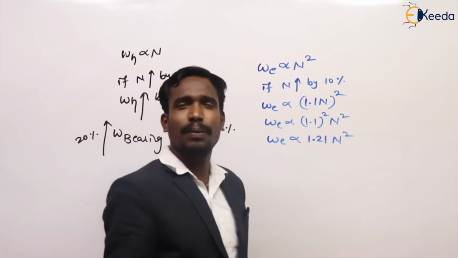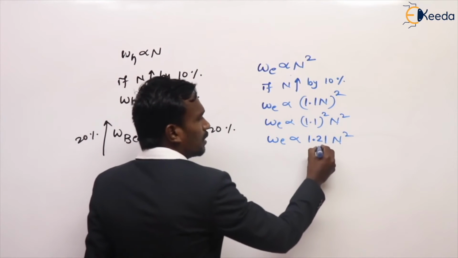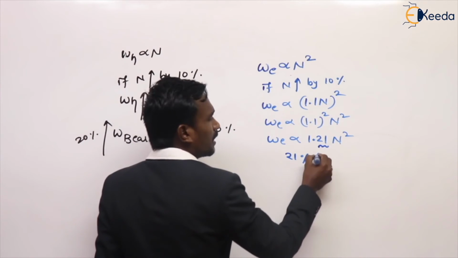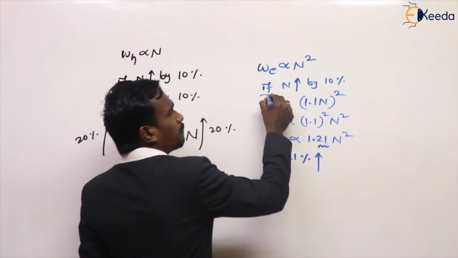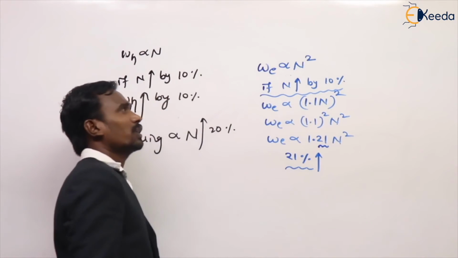That is 21% increase. If the speed increased by 10%, then eddy current losses increase by 21%.